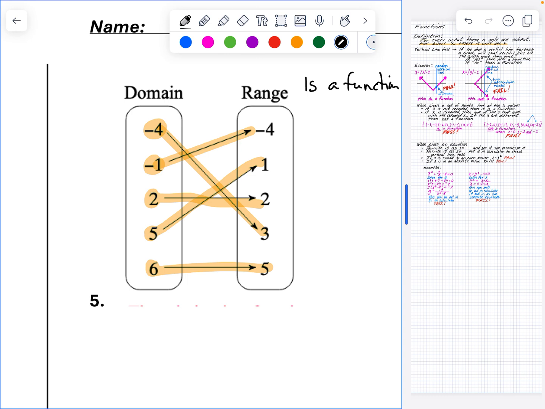If you were to list it as a set of points, it would be listed as -4, -4. -1, I'm sorry, -1, -4. This should have been -4, 3, my bad.